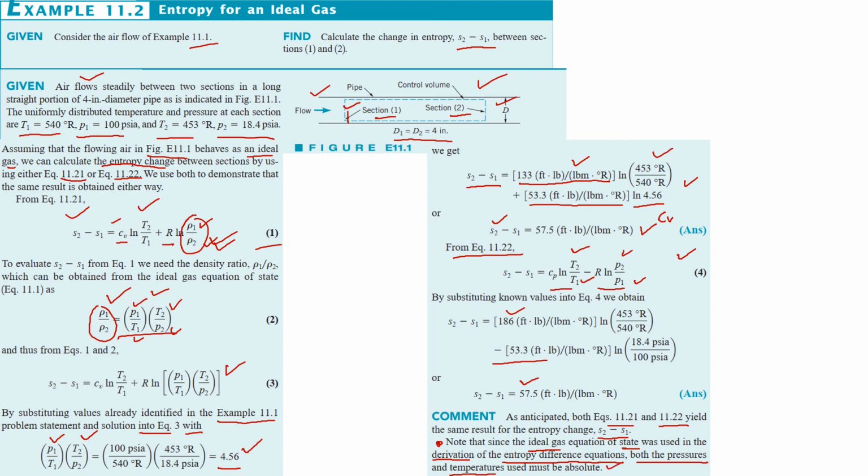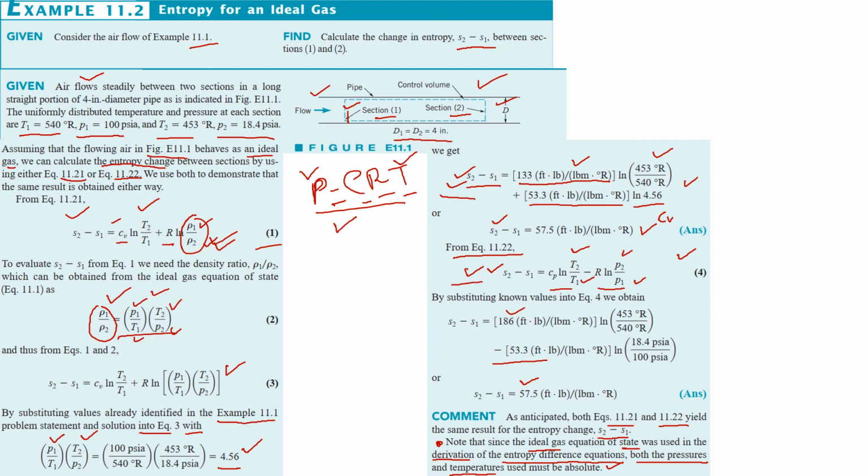It is saying that we derived these two equations for S2 minus S1 with the help of our ideal gas equation, P is equal to rho RT, that is, pressure equals density, gas constant, and temperature. In this ideal gas equation we use the absolute values of pressure and temperature. So we used this equation in the derivation of these two equations for S2 minus S1 at constant volume and constant pressure.